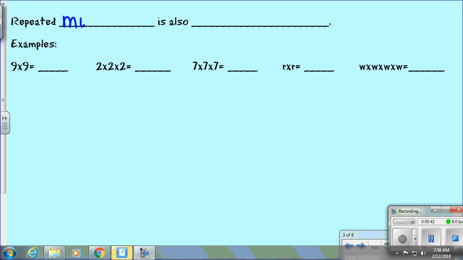Repeated multiplication is also called an exponent. Okay. So again, it's about counting. 1, 2, 9 to the second power. And you got to make sure that it's a superscript number in the upper right-hand corner.